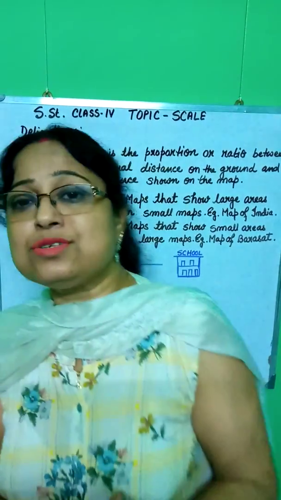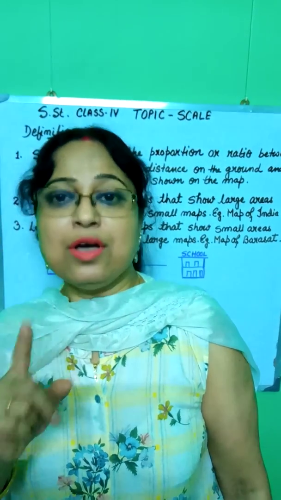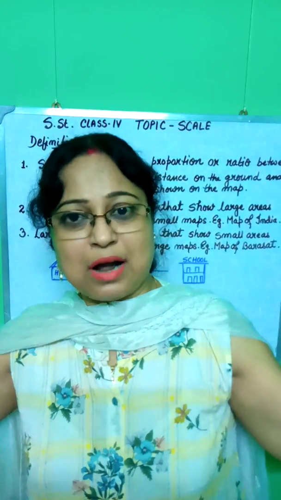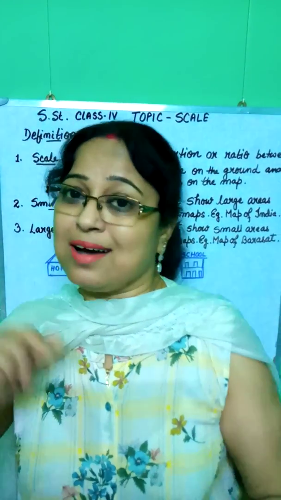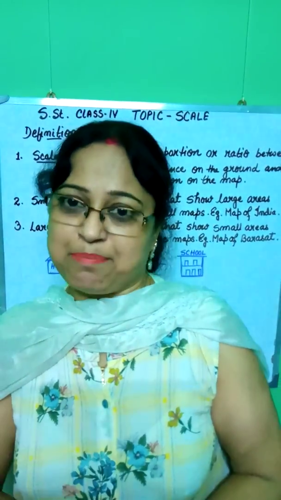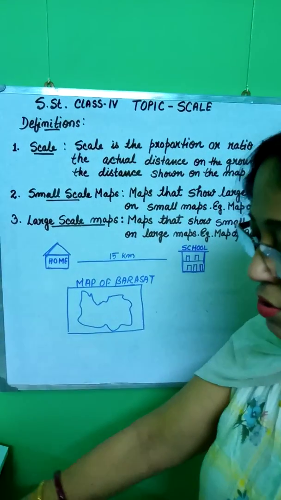Students, here are two things, the ratio between two things. First one is the distance on the ground, that means the actual distance on the ground, and another is the distance shown on the map. So this thing we will show you.